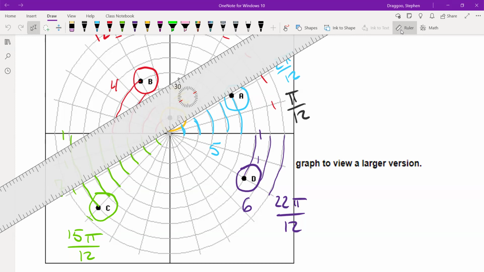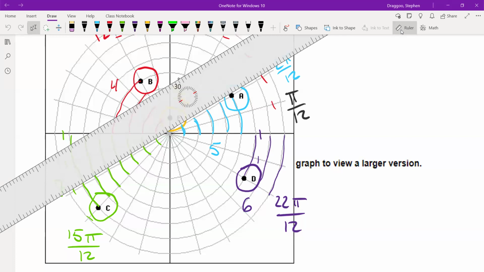Which means that I can express point A either using an angle of pi over 6 or with 7 pi over 6. Both will get me onto this same line. So then R's absolute value has to be 5, that's how far away from the origin it is. But R could either be positive or negative.